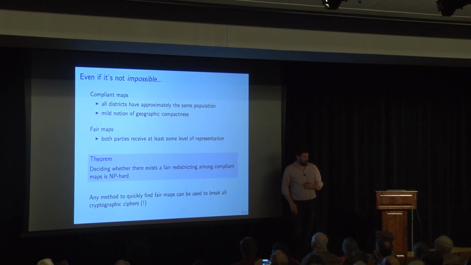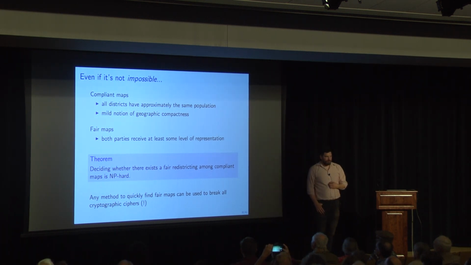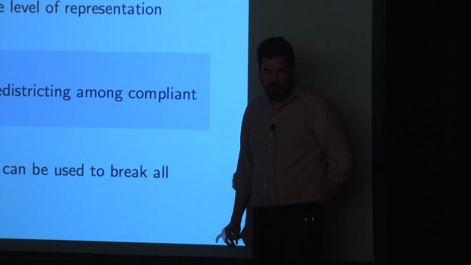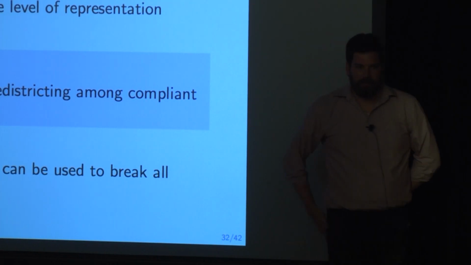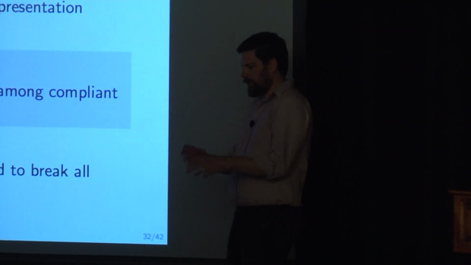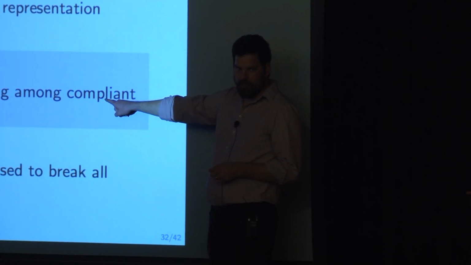So in computer science, they would say that this problem is NP hard, which is a notion of how hard it is. Here's a good way to tell you how hard it is. If you could solve this quickly, then you can break all of the cryptographic ciphers. So if you want to hack into E-Trade or something, then you can write code that uses this as a subroutine.